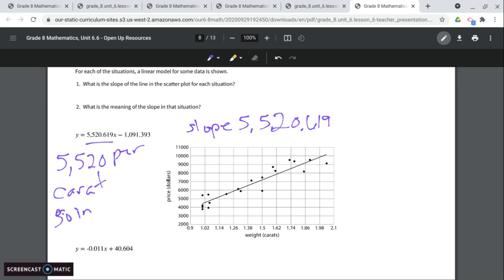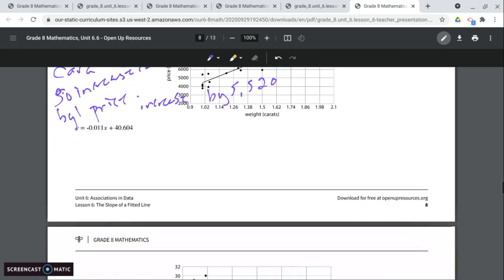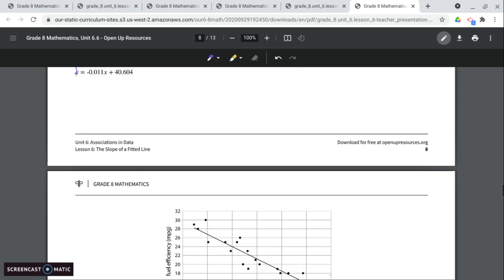Increase carat by 1, price increases by 5,520.